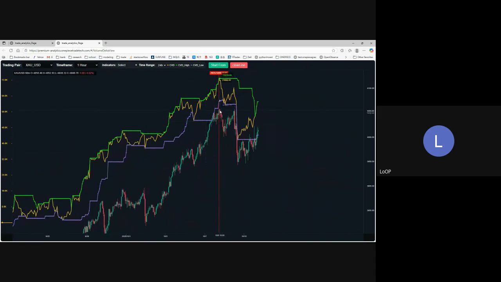You can see the market didn't react that much until about 22 hours later, and it started to drop.